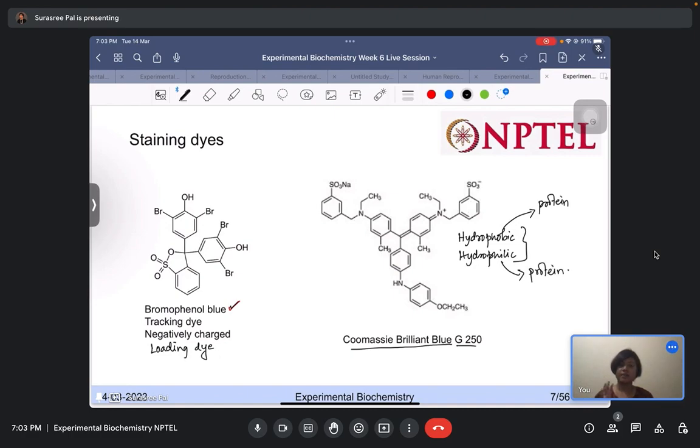It can bind to the protein. The protein that has been run on the gel is a linear polypeptide. Now the Coomassie blue dye interacts with the protein and stains it, and with the help of this dye we will be able to visualize this protein sample by our naked eye, and we can also take a photograph of it.